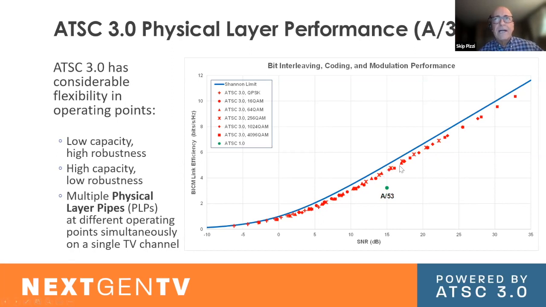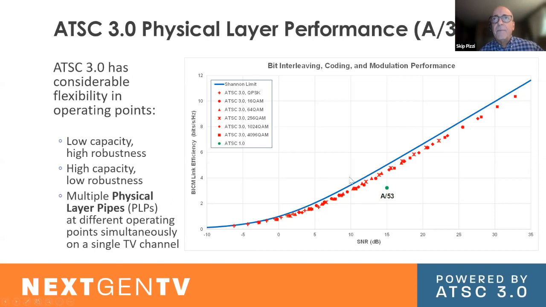All these red dots are the possible operating points for ATSC-3, some of them, not even all of them, and you see right away you get higher capacity. That's where we get that 25-ish megabits per second at the same carrier to noise level that ATSC-1 solely operates at.